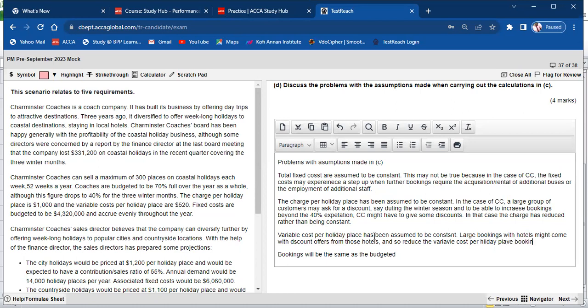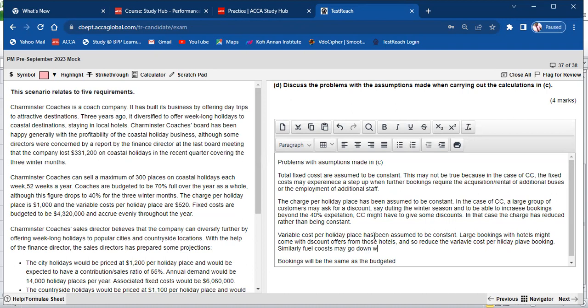Forget my typos. I'll correct all of this. Similarly, fuel cost may go down when we have more bookings to be traveled along the same distance. Right. Forget my typos, I'll correct them.